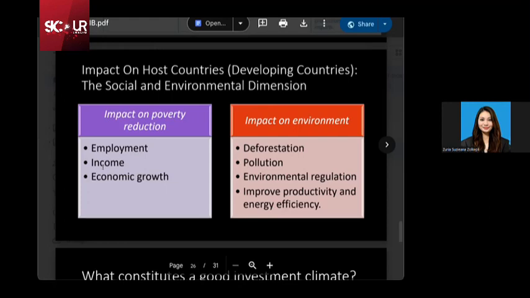Once they improve their standard of living, it can lead to economic growth when they spend. So that is basically how FDI gives impact on poverty reduction. But like I've mentioned to you just now, if the competition is very high, in terms of employment, it is very difficult, it's very high competition.